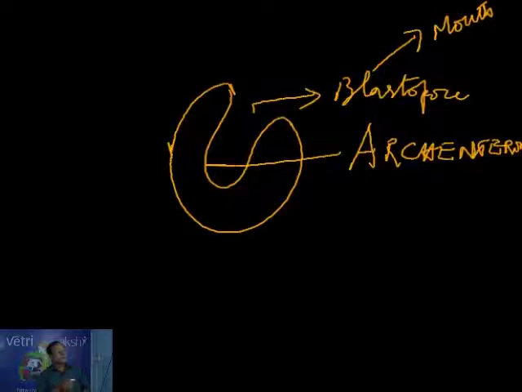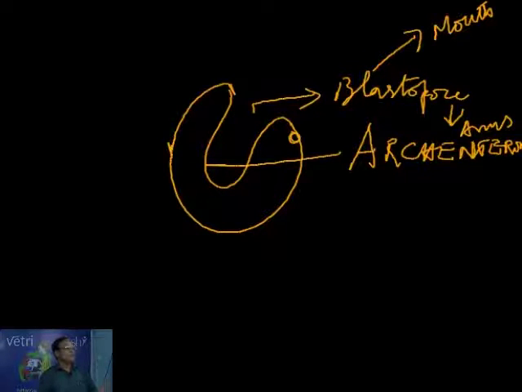But in the case of the second category, deuterostome, what will happen during development? The blastopore develops into the anus, or the anus develops just near the blastopore. So the anus is formed here either from the blastopore or near the blastopore.